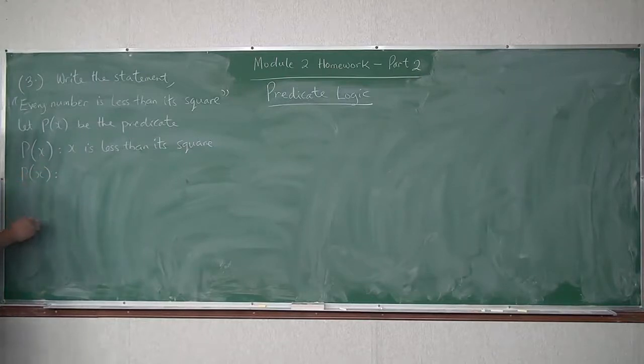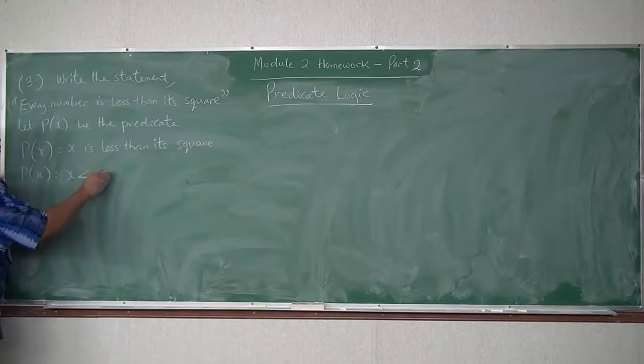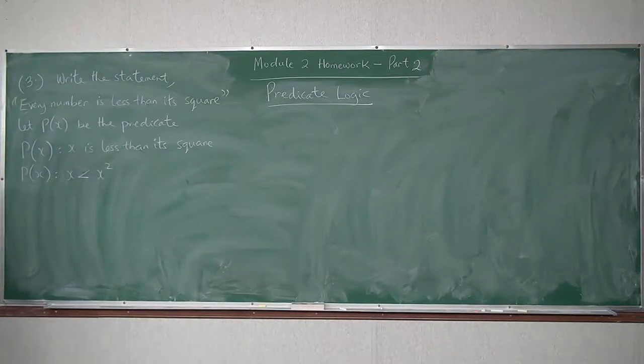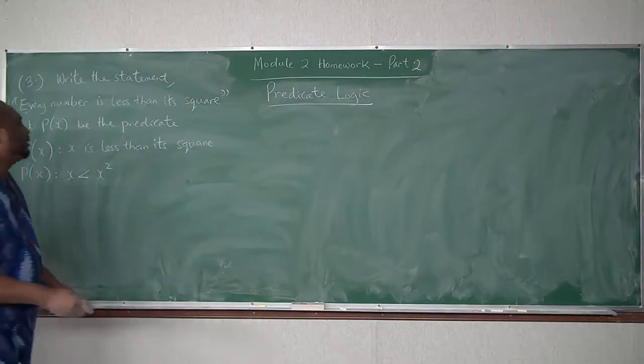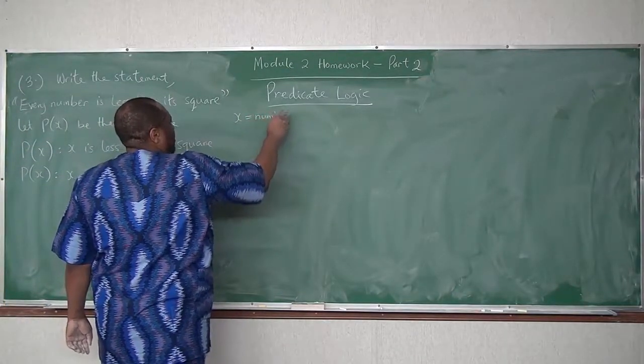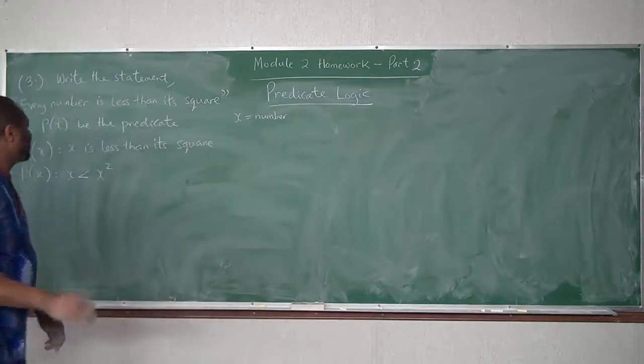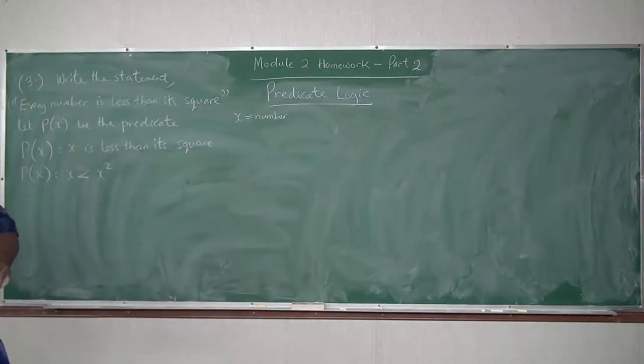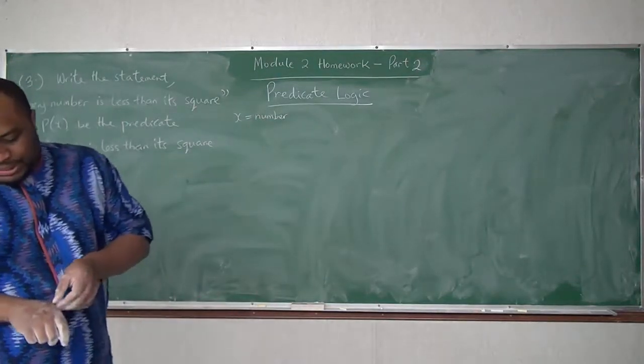So P of x such that x is less than x squared, where x is the number. So that's predicate logic. That's the predicate: x is less than x squared.